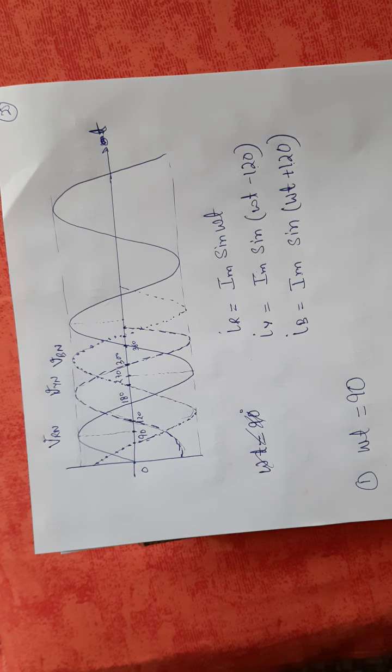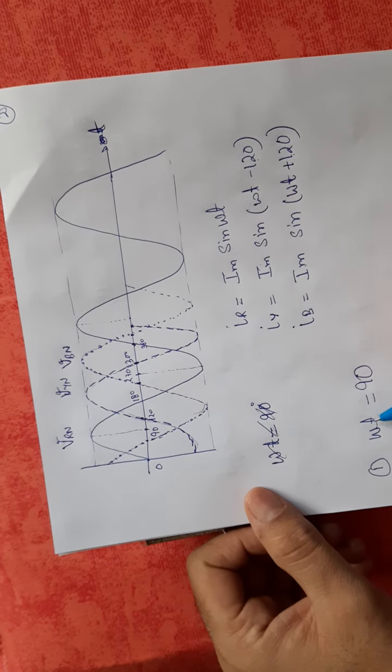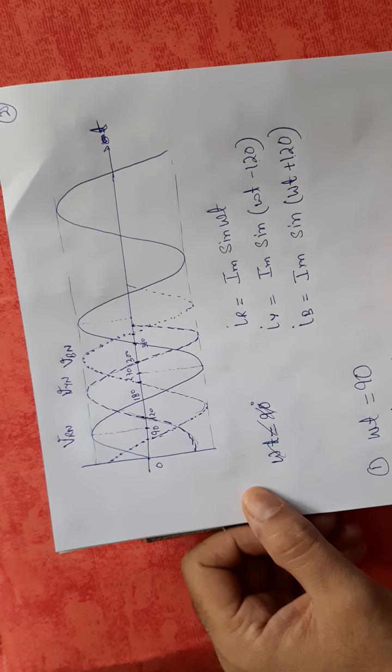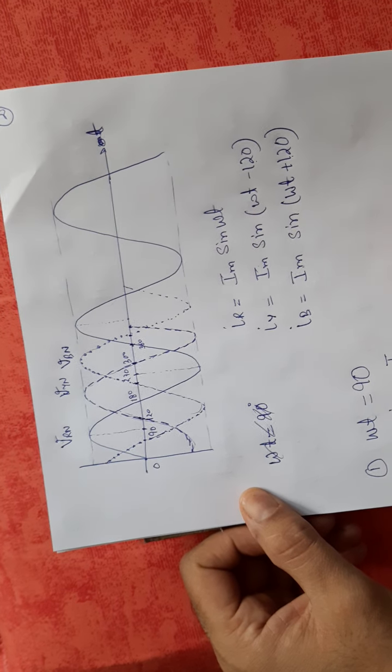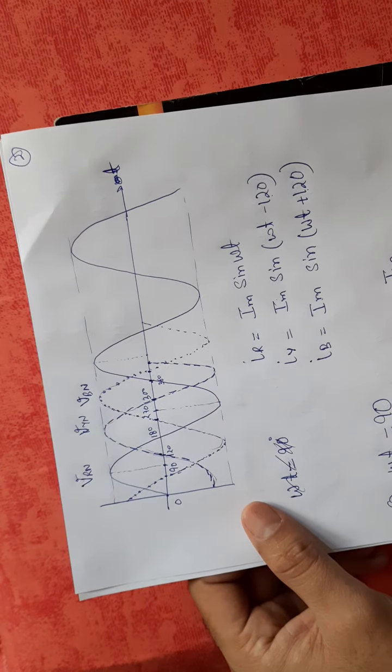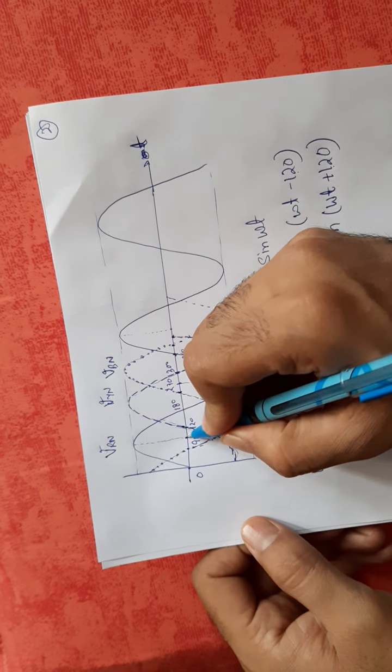Okay, so I am saying when omega t was equal to 90, what will be IR? IR will be given by Im sin 90. Sin 90 is 1, so IR will be equal to Im. So I am saying omega t equal to 90 is this point.